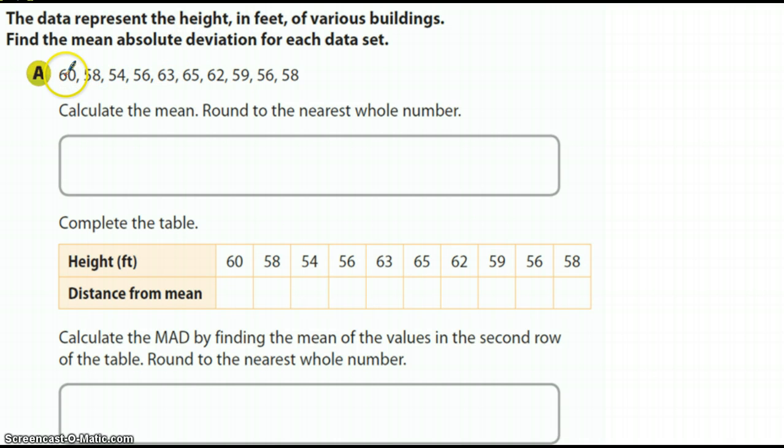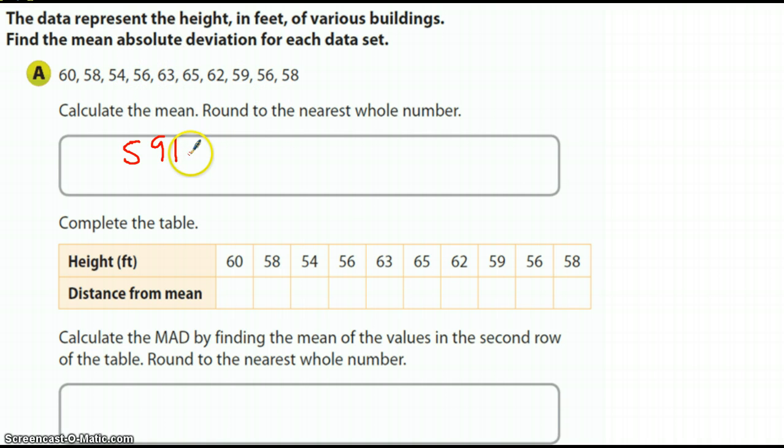It means to add up 60 plus 58 plus 54 plus 56 plus 63 plus 65 plus 62 plus 59 plus 56 plus 58. And when we add these all up, we get a total of 591 via my TI-Nspire. Now, I have a total of 10 data points.